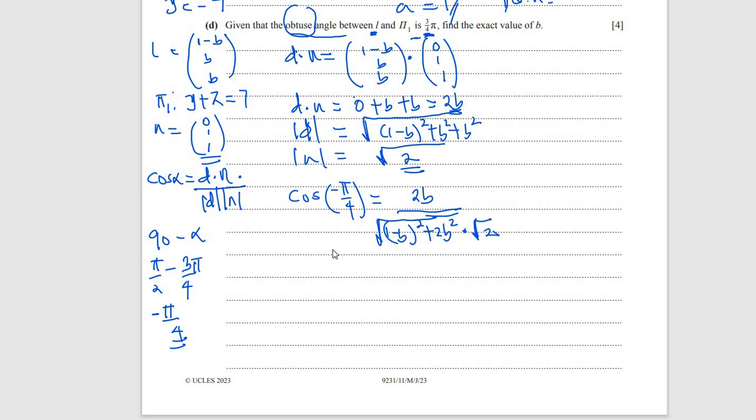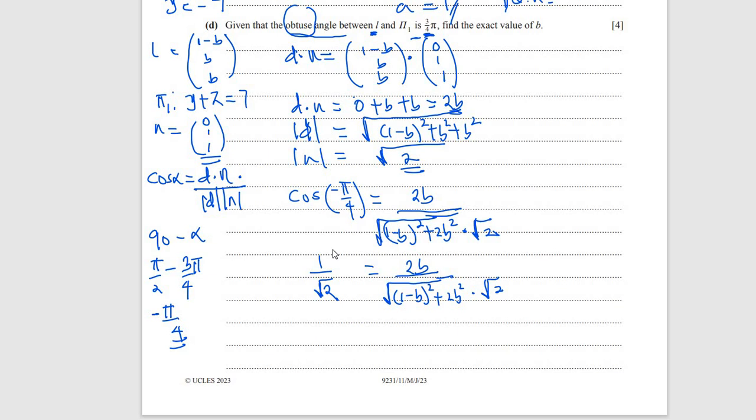Cos of minus theta is cos theta, so cos of minus pi over 4 gives 1 over root 2, equal to 2b over the square root of (1 minus b) squared plus 2b squared, times root 2. So let's cross multiply.